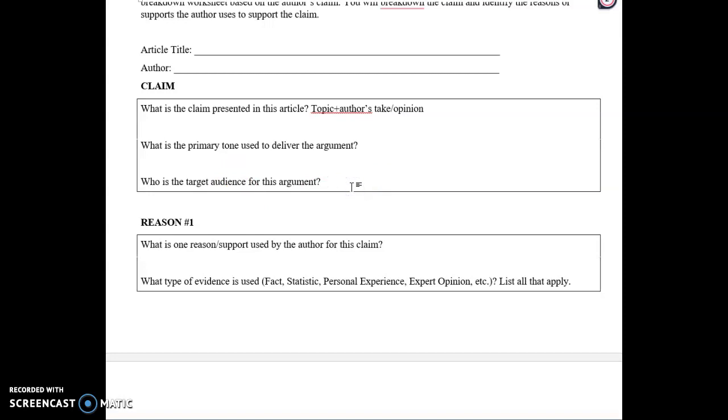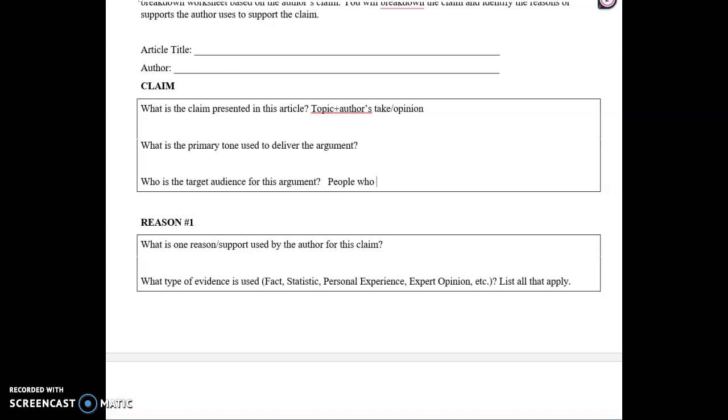Who is the target audience for this argument? One piece of advice I always give students when identifying a target audience is to start with the phrase "people who," because it's going to force you to think about the group of people this is actually meant for. One thing I don't want to see is everyone, anybody, the general public, because if everything was written for everybody and the general public, we would all read everything.